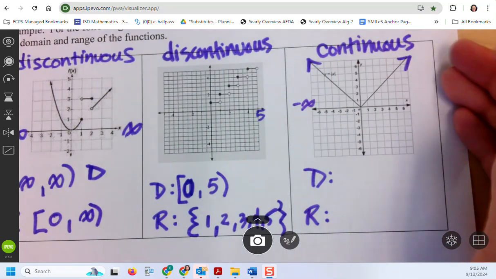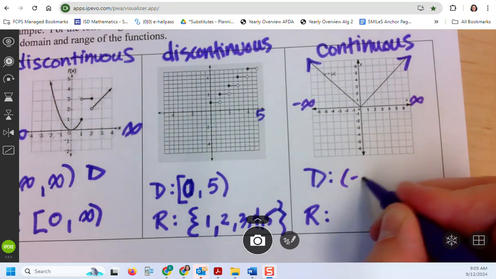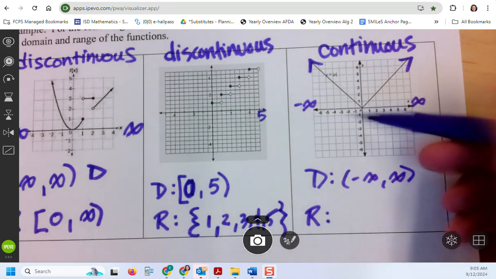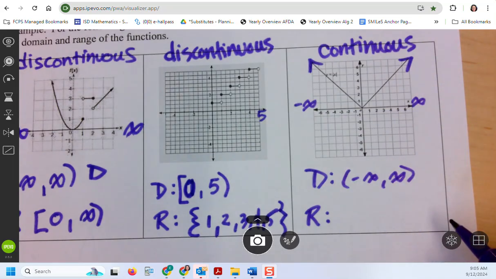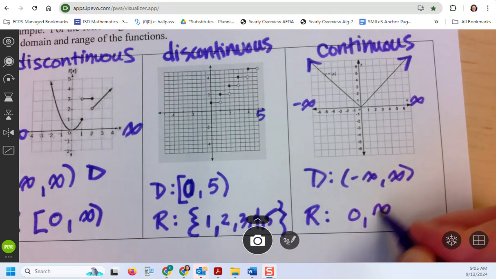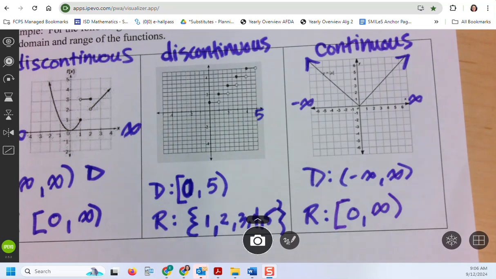Good. And what's all the way on the right? Infinity. My range starts at the bottom at what number? 0. And it goes all the way up to? Okay. Having really good participation across the room. I like that.